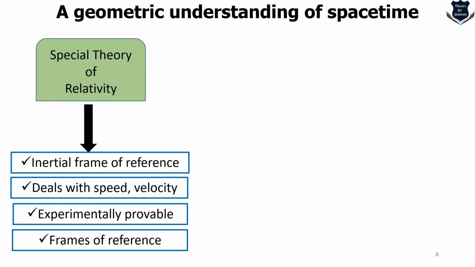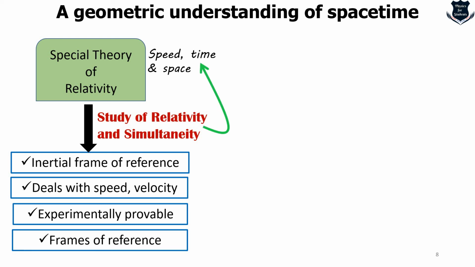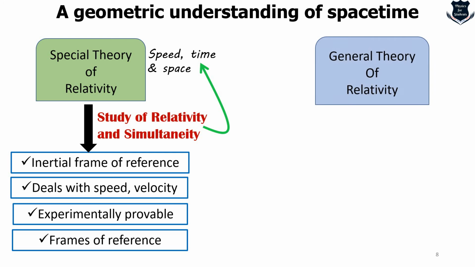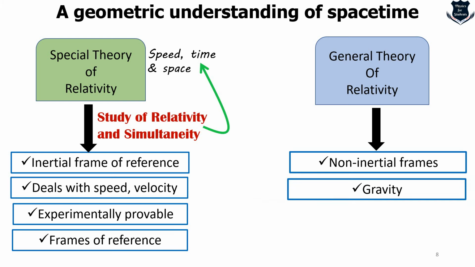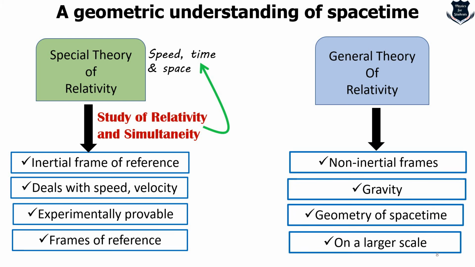This is, in short, what special relativity is all about. So we can say it is a study of relativity and simultaneity, and from here we can deduce that it deals with speed, time, and space. Whereas when we consider the general theory of relativity, we see that it deals with non-inertial frames, gravity, and the geometry of space-time, and it deals on a higher cosmological scale with supermassive black holes, etc.